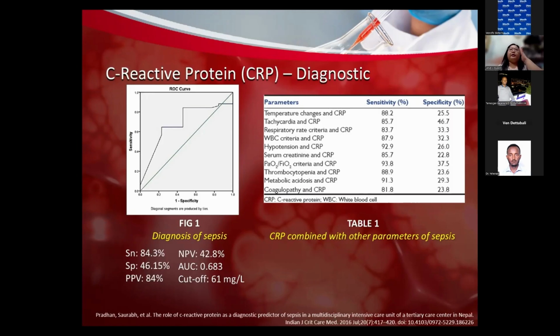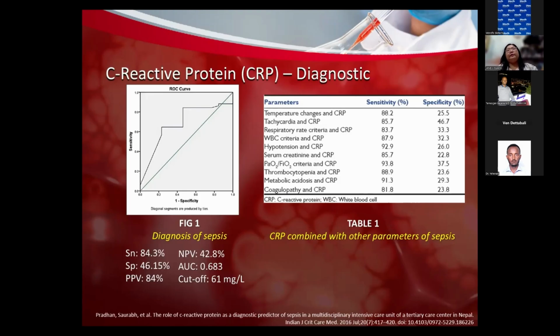So it is quite similar to the first study that I showed, that it has quite high sensitivity, but a bit poor specificity. The area under the receiver operating characteristic curve was 0.683, and the cutoff value that they noted with the best diagnostic accuracy was found to be 61 milligrams per liter for this point of care testing. So it gave quite the same numbers of high sensitivity and low specificity.